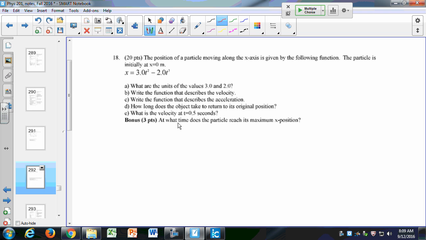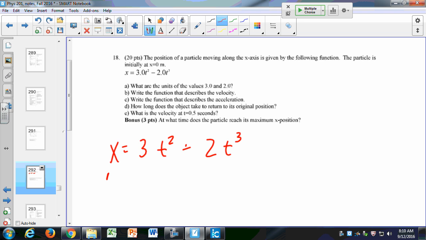Okay. So how to find the acceleration? Oh, the answer to A. Okay, yeah. x is equal to 3t squared minus 2t cubed.